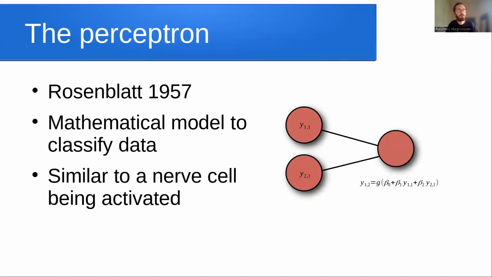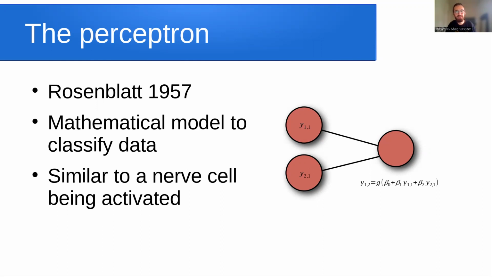So the smallest functioning unit of a neural network is quite easy to understand. So I think we could start by looking at that, and the logical start would be the perceptron, which is the smallest part of a neural network, you could say. They have been around for quite a while.